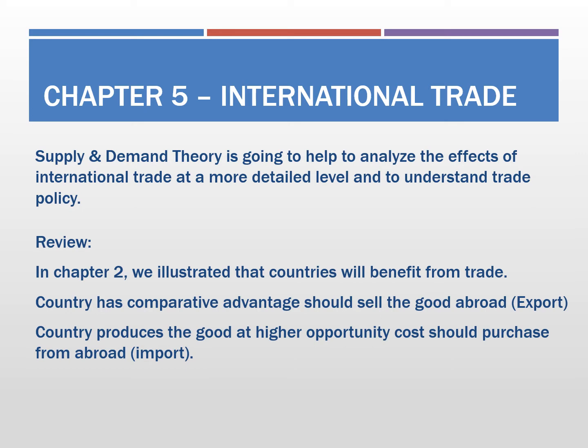But today, what we're going to do is to discover the actual values of the gains. In the previous chapter, we used the PPF model to talk about how many more of each good we can get on both sides of the trade-involved parties. But today, we want to actually quantify those benefits.